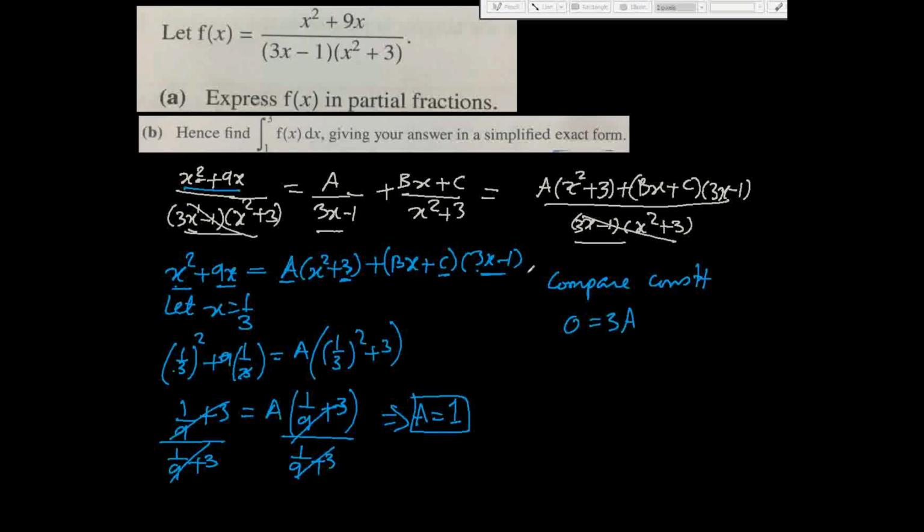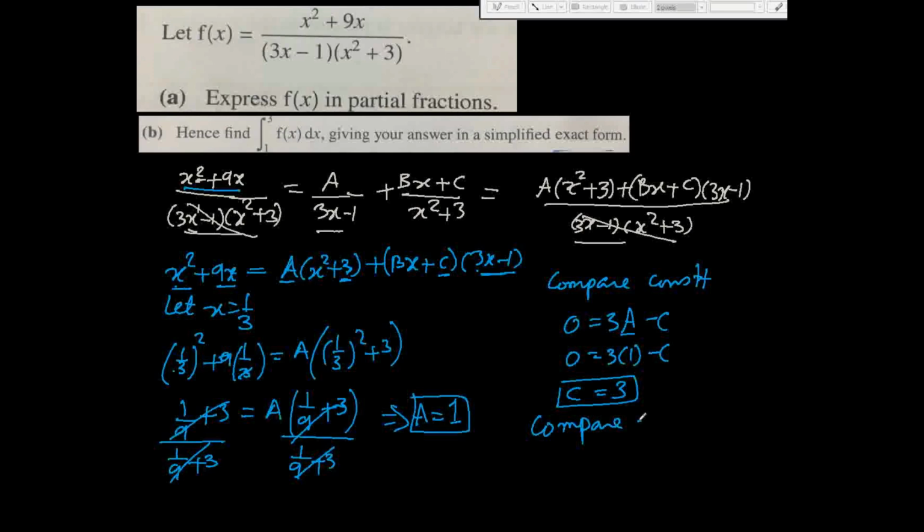Here C times minus 1 will be a constant, so minus C. A is known to us, which is 1. So 0 equals 3 times 1 minus C. Let's bring C to the left side. C equals 3.